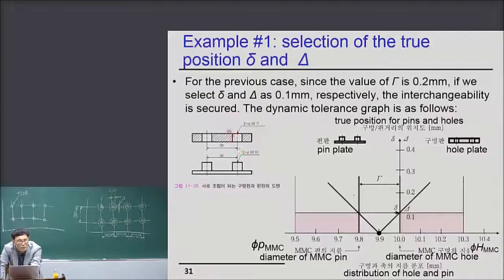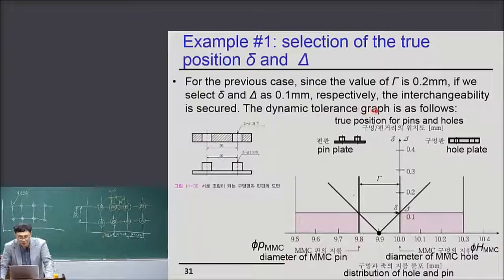For the previous case, the value of gamma is 0.2 millimeter. If you select small delta as 0.1 and large delta as 0.1, then small delta plus large delta is 0.2, which is not more than gamma, 0.2 millimeter. So interchangeability is secured.